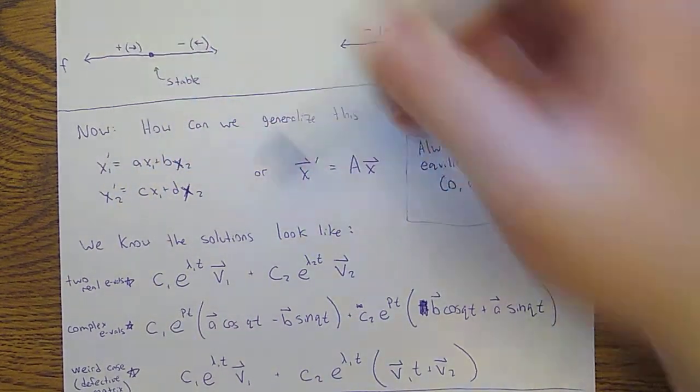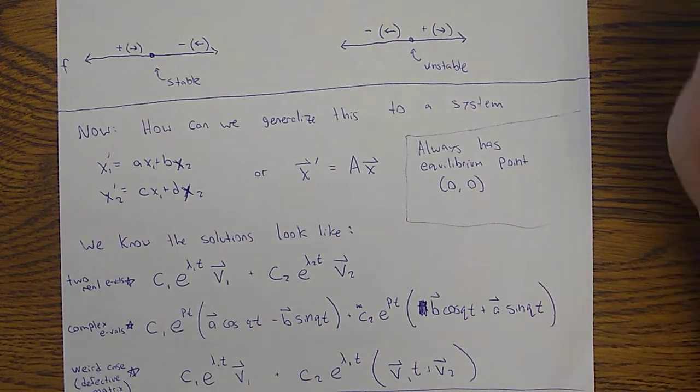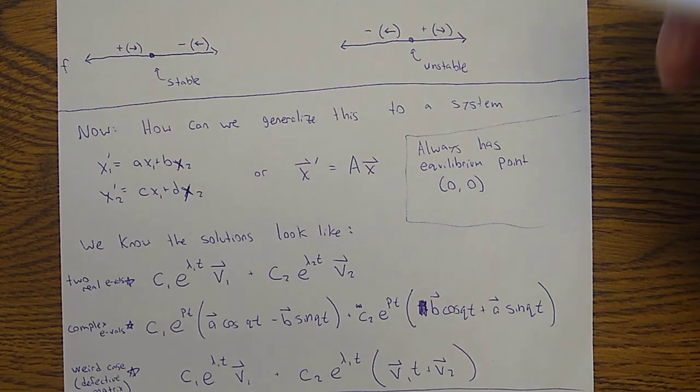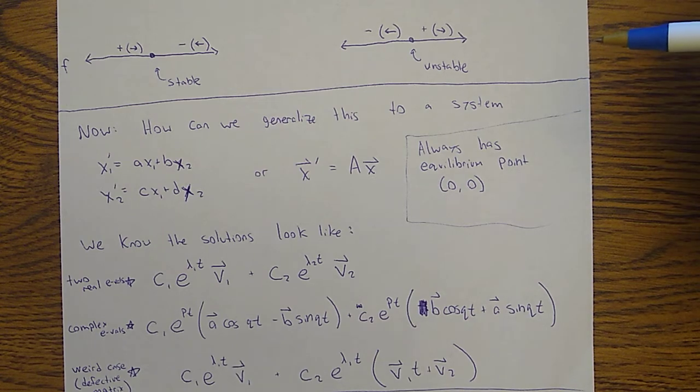And this would tell me that x2 prime is 0, meaning x2 is not changing, meaning it would just stay at that point forever. So that's the sense in which this is an equilibrium point. And let's talk about the stability of that.